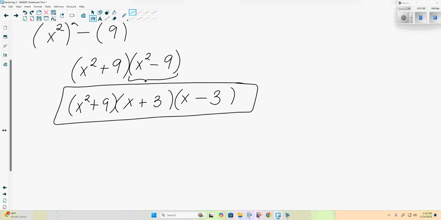So our x to the fourth minus 81, we can only do the second one because x squared plus 9 does not factor. I mean, we can technically factor it, but to be able to factor it, you would need to know the solutions.